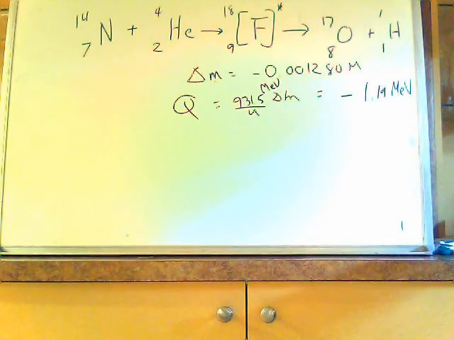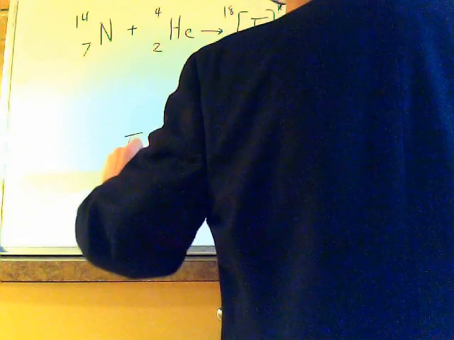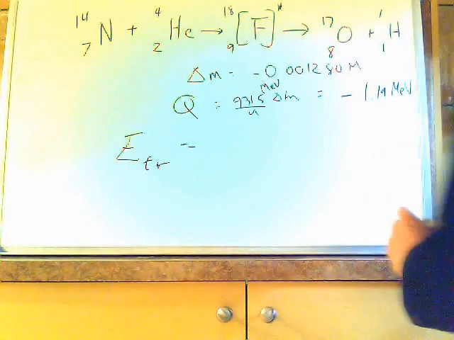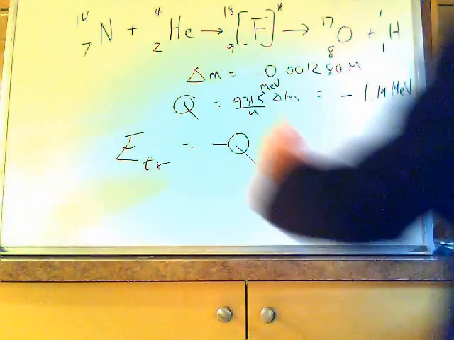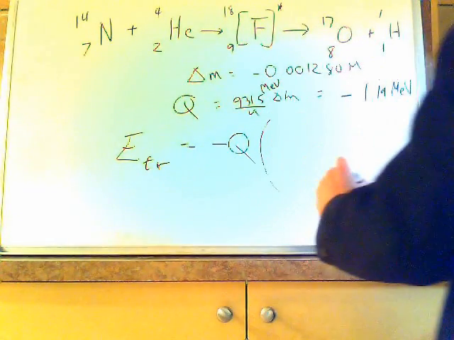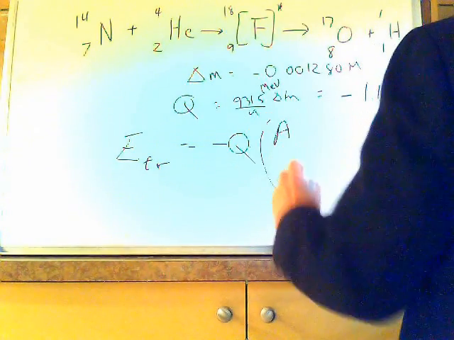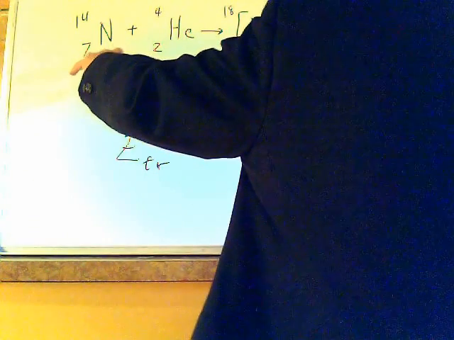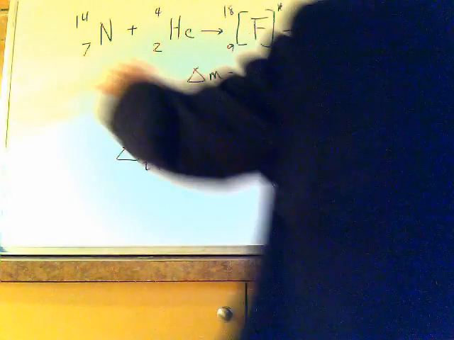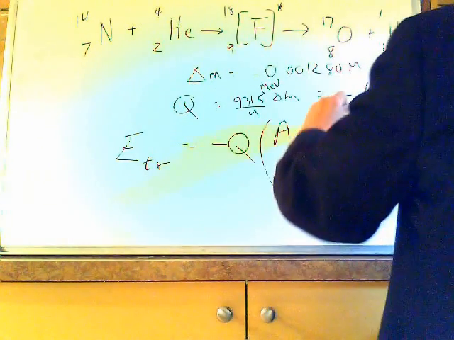So we can say that the threshold energy, E sub TR, is going to be equal to minus Q times the value A sub A, which is the atomic mass of A, which in this case would be the nitrogen, plus A sub X, which is the atomic mass of the helium.